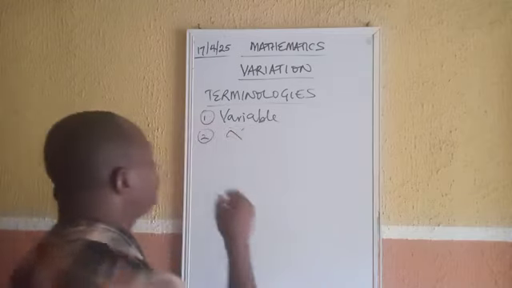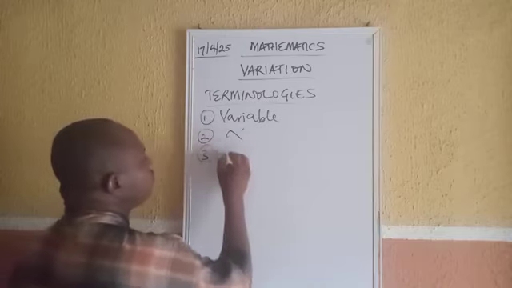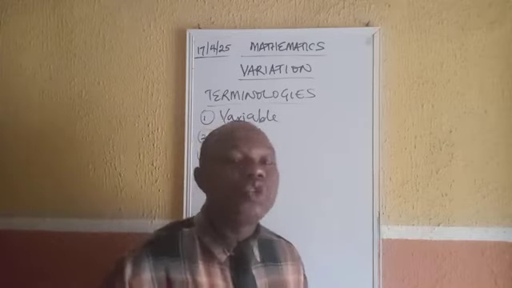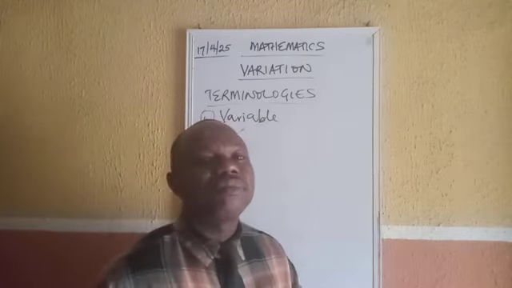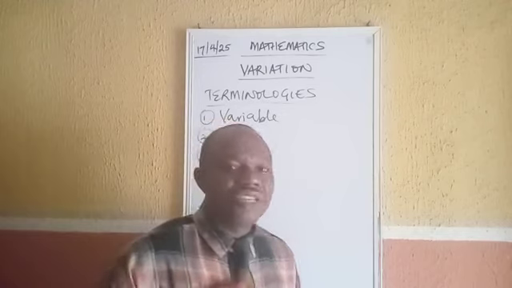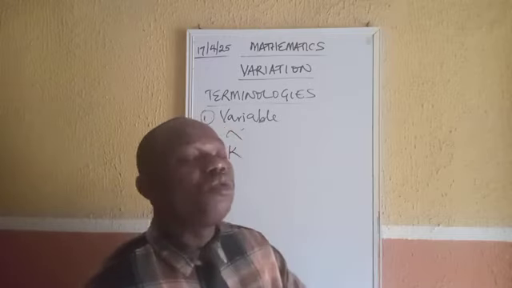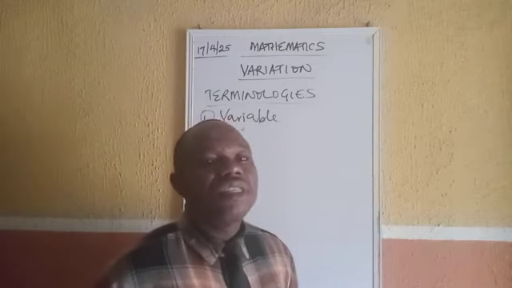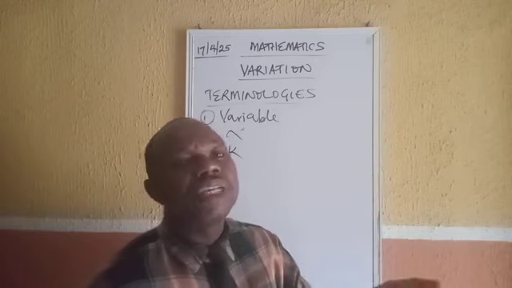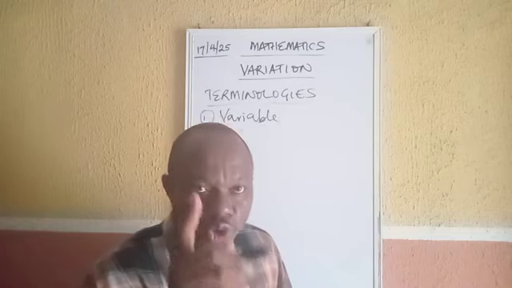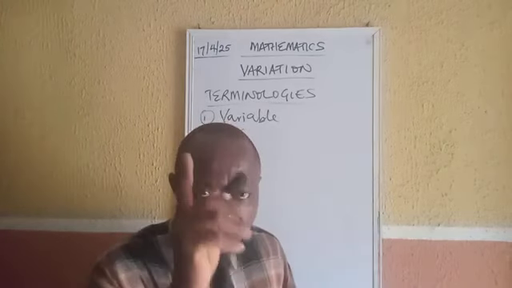Another one is a constant, K. There is always a constant which we must find. As in the second example that we gave, a car travels fast. It gets to its destination at lesser time. But the distance it covers does not change.